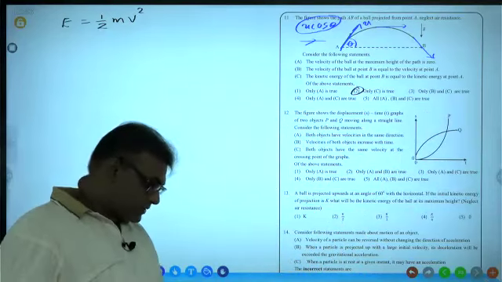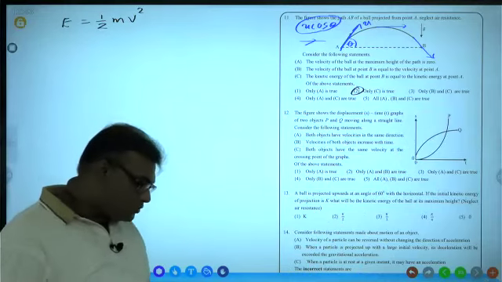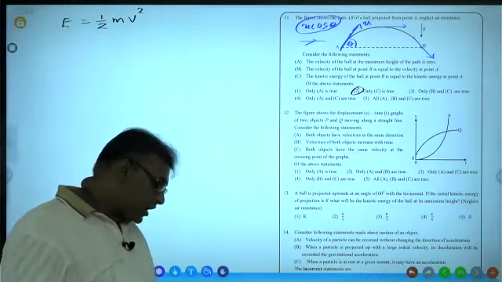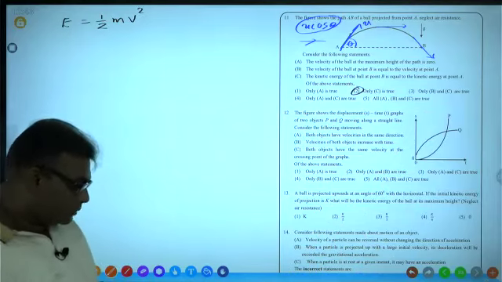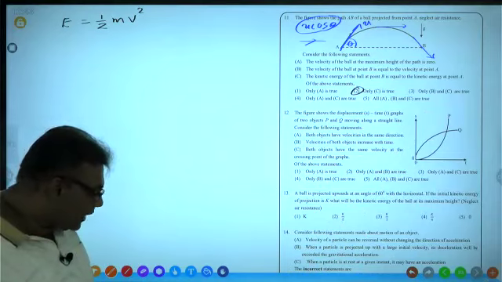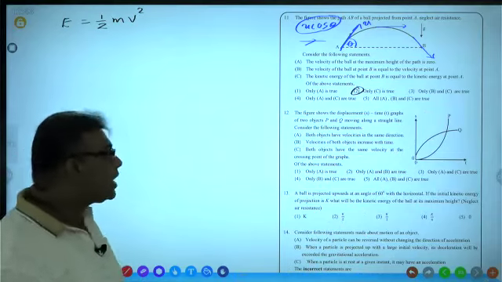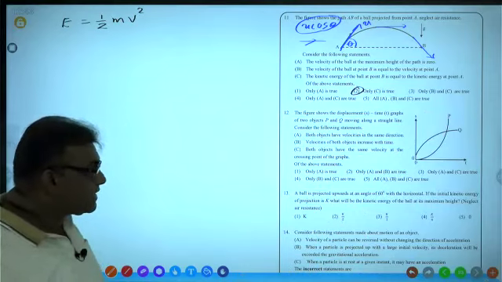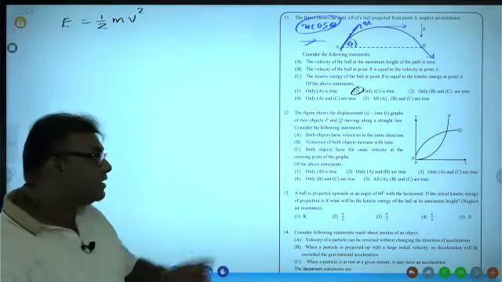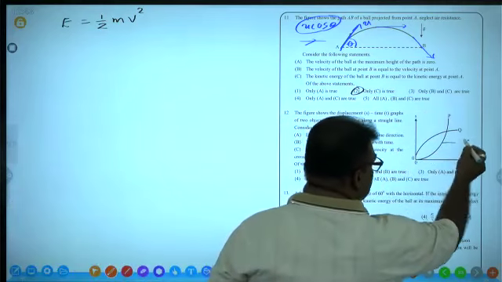Okay, number 12. The figure shows the displacement-time graph of two objects P and Q moving along a straight line. Consider the following statements. For A, you can see P has an increasing gradient on the s-t graph, so this one shows acceleration.